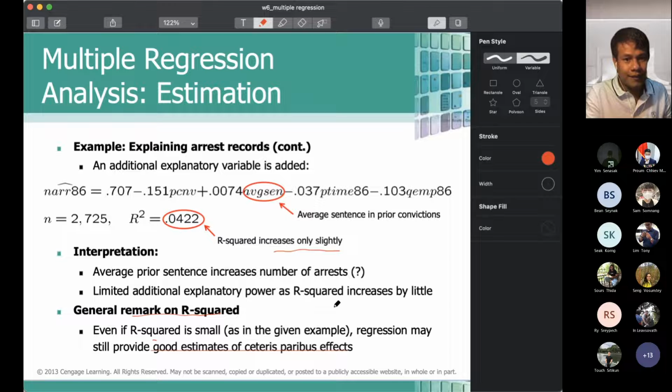It doesn't matter whether R square is small or large; the causal interpretation depends on the assumptions. And only you know whether some variables are omitted or included in the error term. We will discuss this more next week, the effects of excluding some relevant variable.